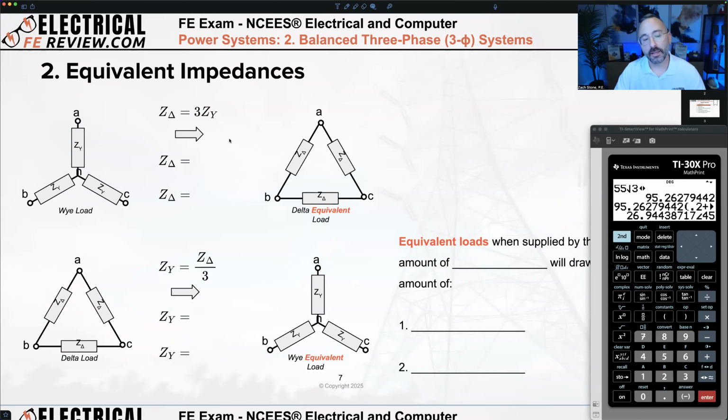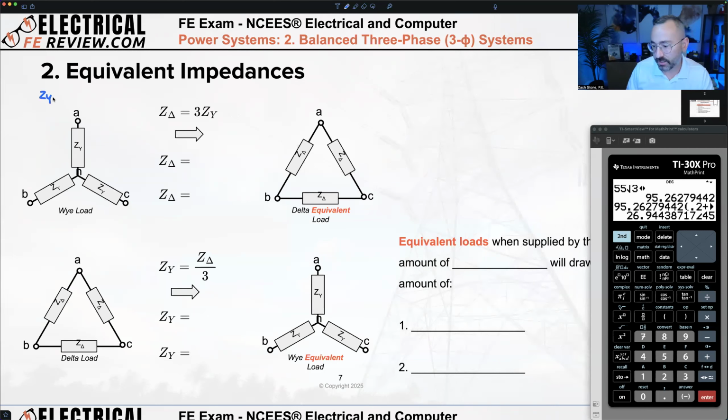Someone give me a complex impedance in the chat for the Y connected load. Make it positive so it's an inductive lagging impedance, and just use single digits for the resistance and reactance. What value do we want to use for the Y impedance?